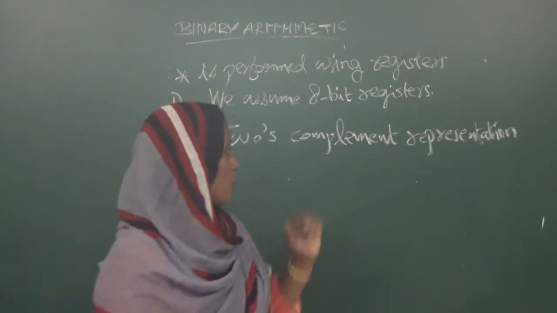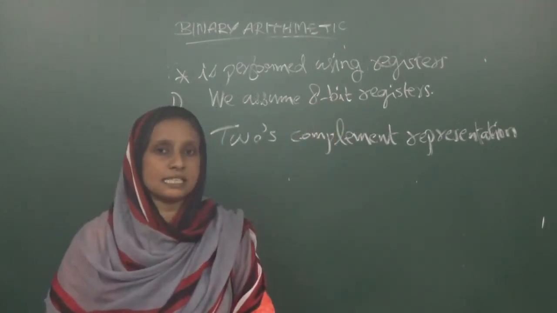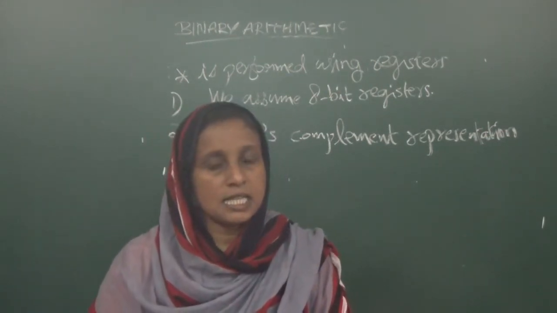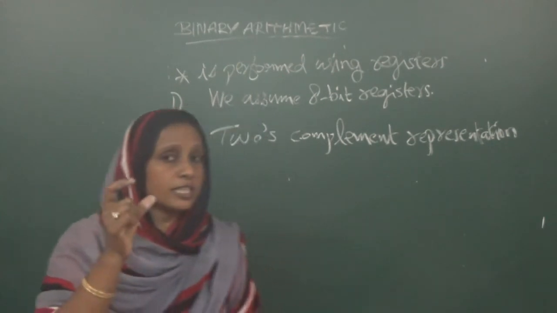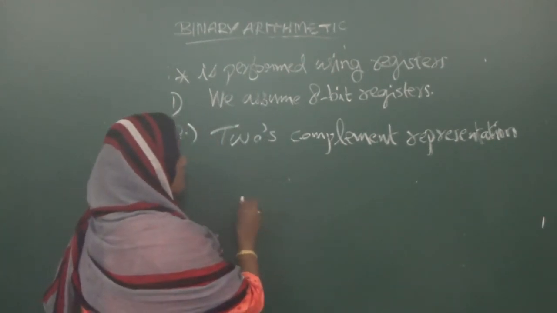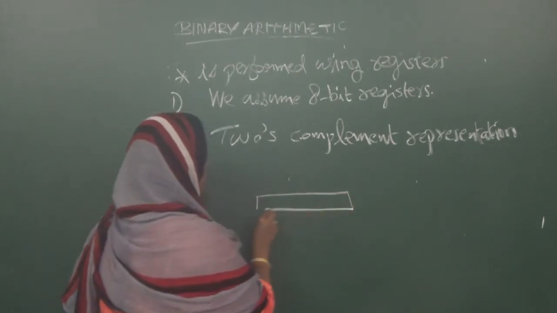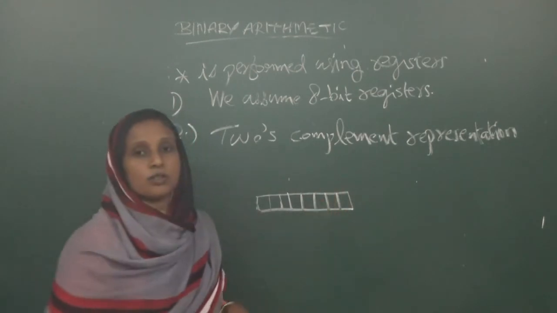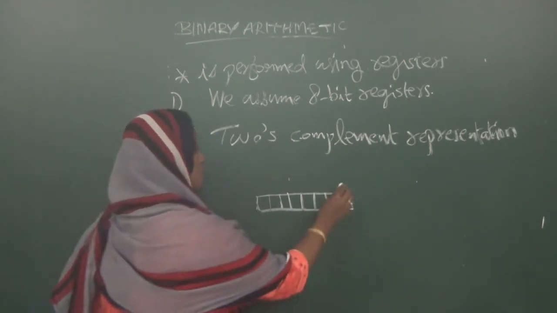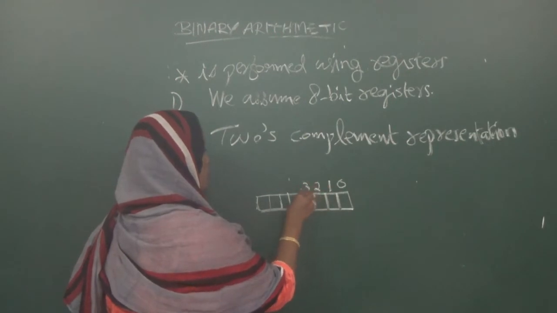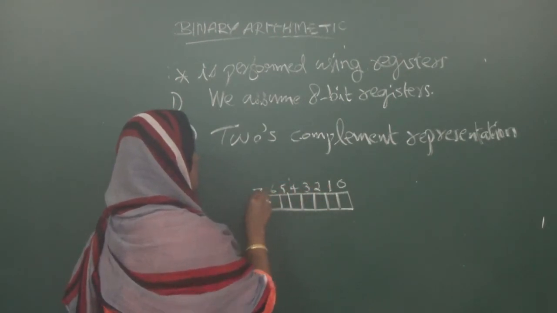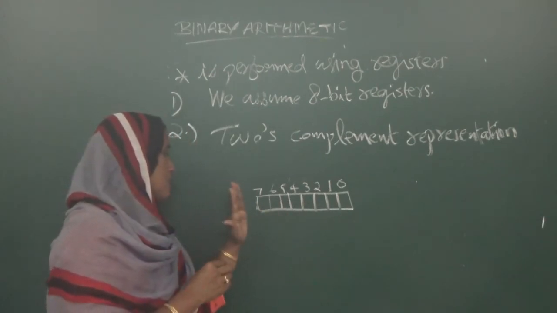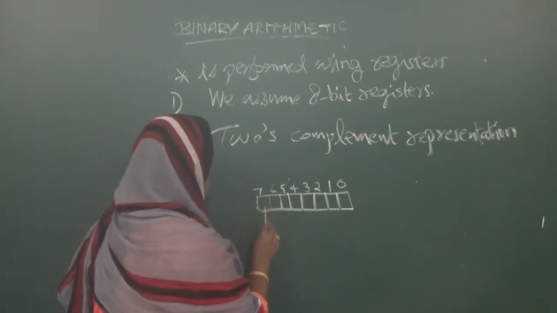Okay, now in our 8-bit registers, the leftmost bit is called the sign bit. We already learned about it. So, suppose there are 8 bits like this, numbered 0, 1, 2, 3, 4, 5, 6, 7. In these 8 bits, this leftmost bit is called the sign bit.